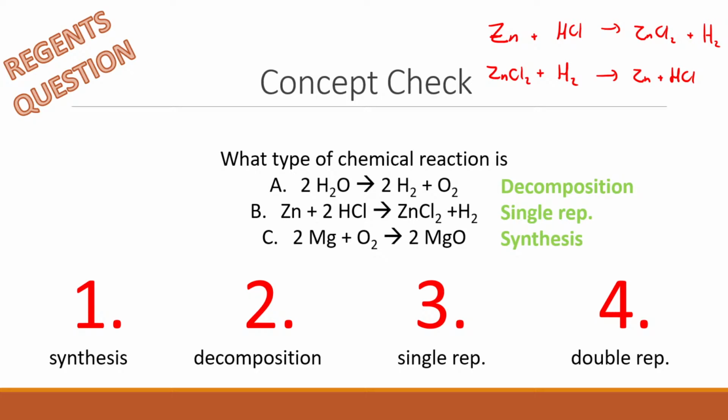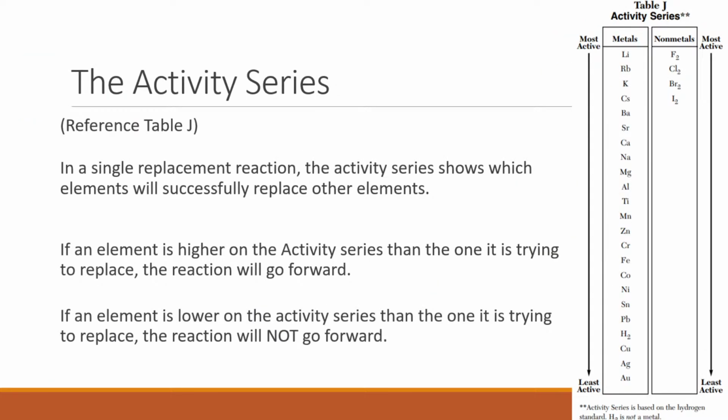And we can tell which one is going to happen by looking over at Table J. Table J is the activity series, and it tells us how strong our elements are, and how good they are at replacing each other. The higher up on Table J an element is, the better it is at replacing.